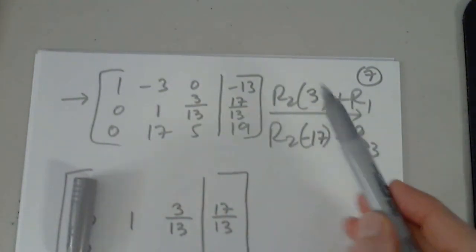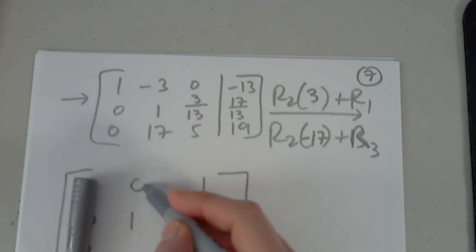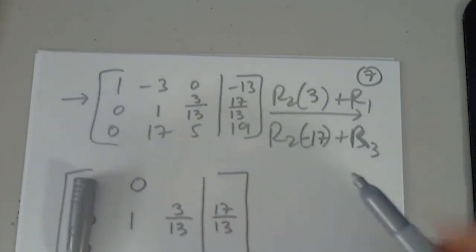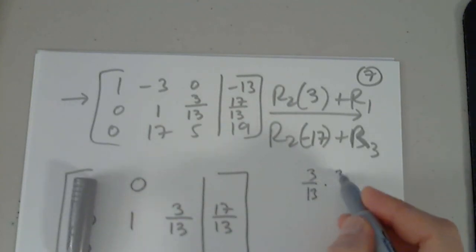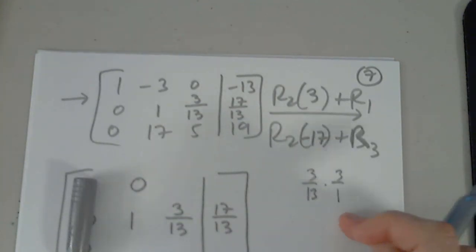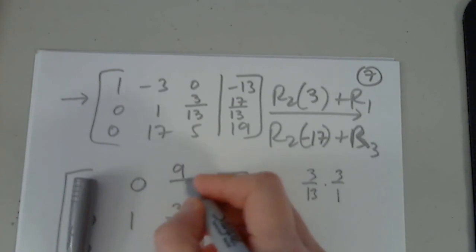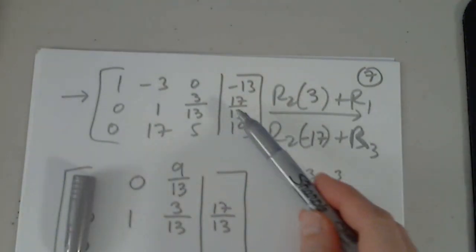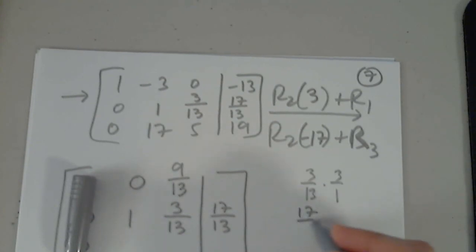1 times 3 is 3, minus 3 is 0. Now the messy part. 3 over 13 multiplied by 3 over 1 is 9 over 13. Plus 0, 9 over 13. 17 over 13 times 3 over 1 is 51 over 13.